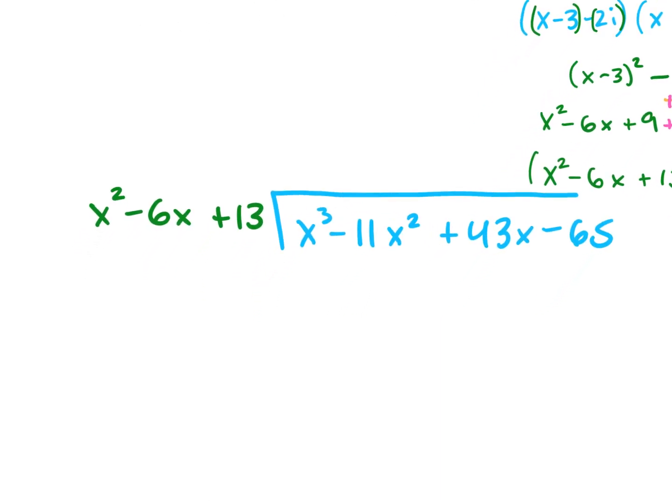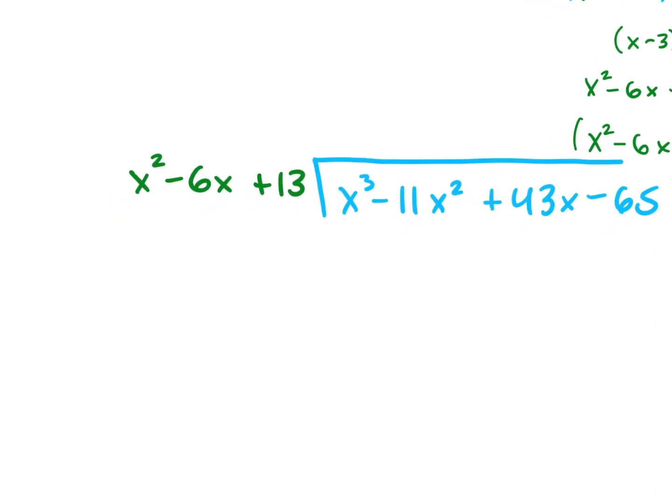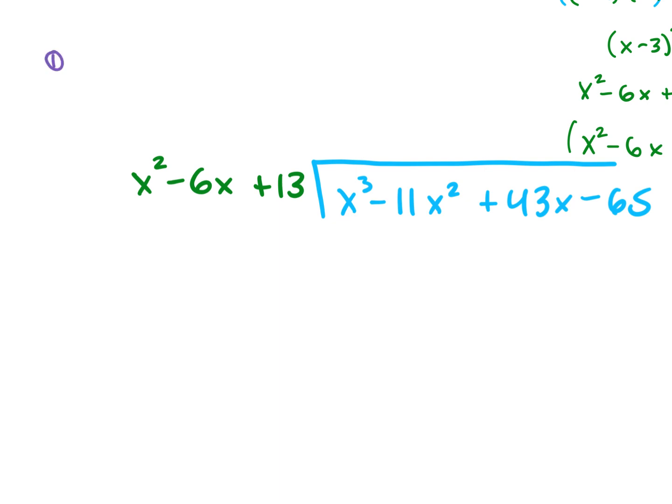So we got to think back to before break when we did long division. What's step 1 with long division? We divide. x cubed divided by x squared. If I have 3 x's and I take 2 away, how many am I left with? 1, so x. What's step 2 of long division?